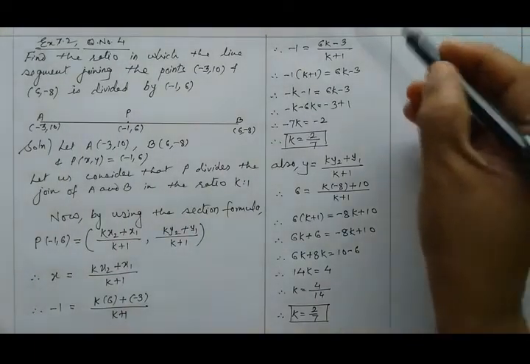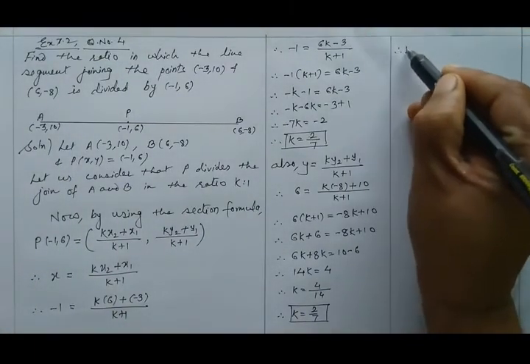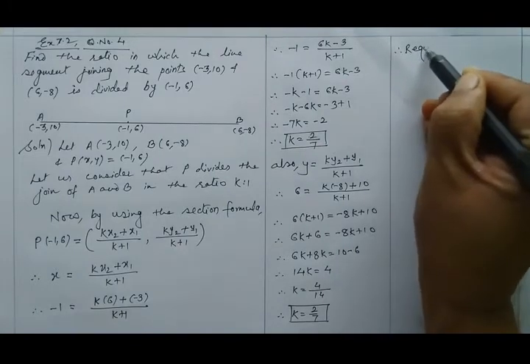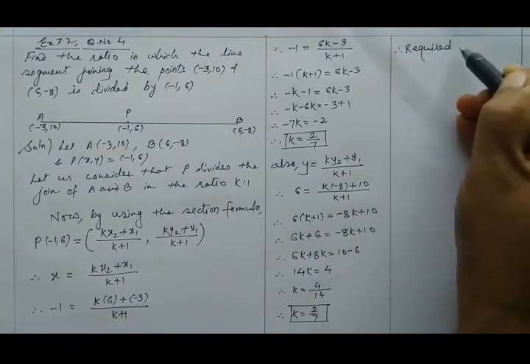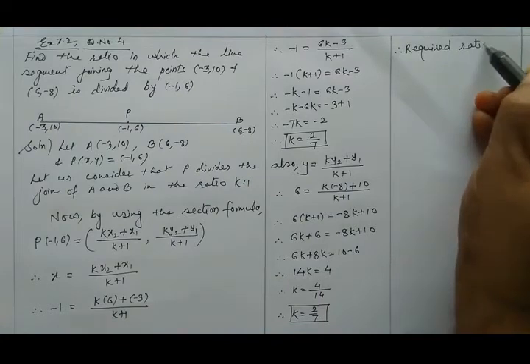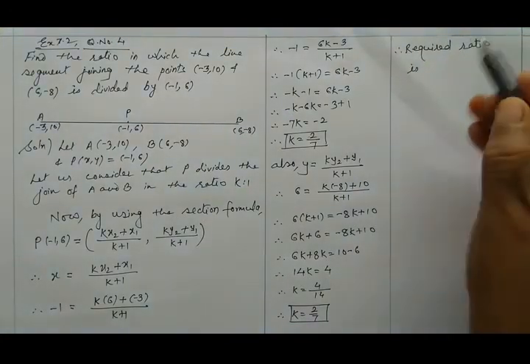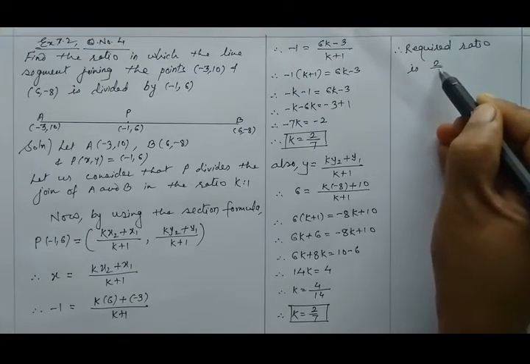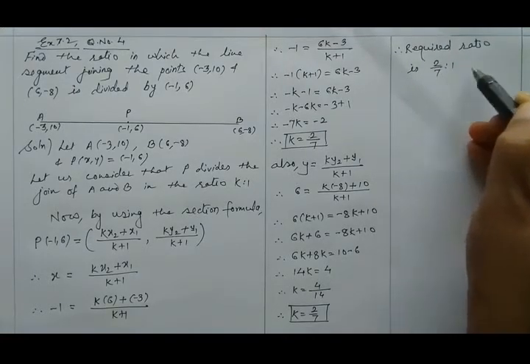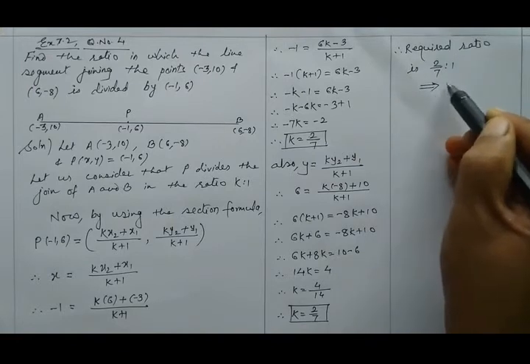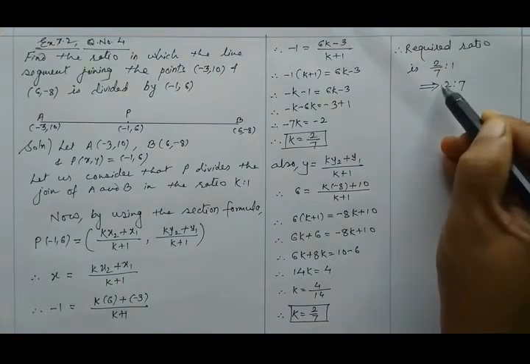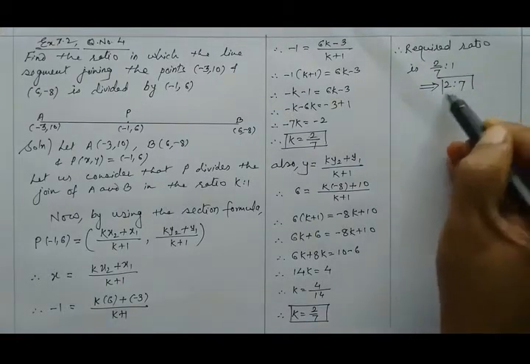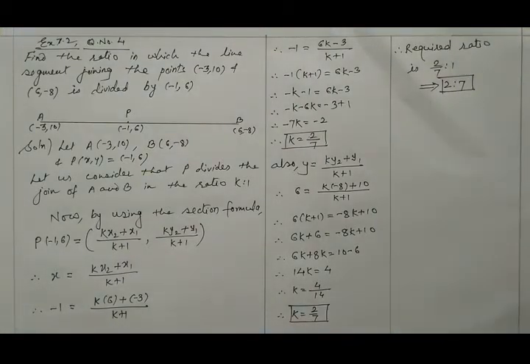So therefore required ratio is k is to 1, 2 upon 7 is to 1. So that is nothing but 2 is to 7. Okay, so it is 2 is to 7. This is the answer. Hope you have understood this.